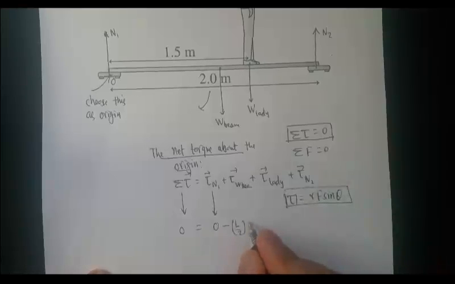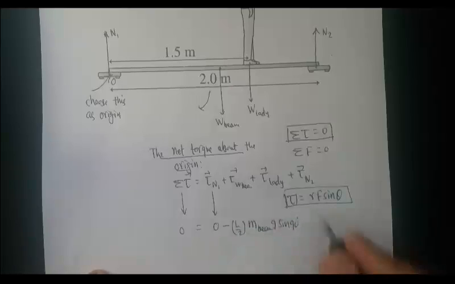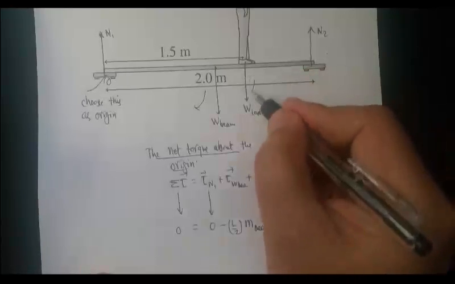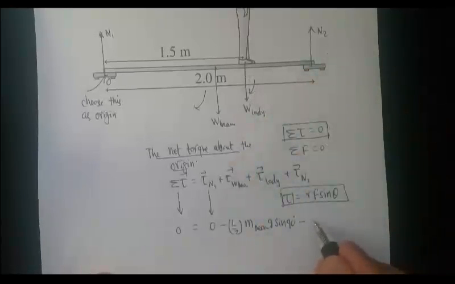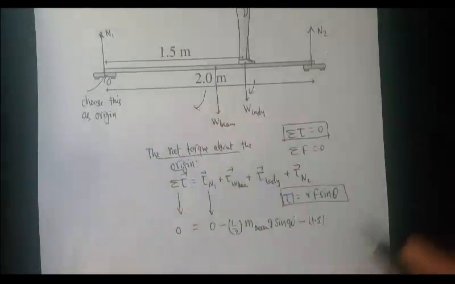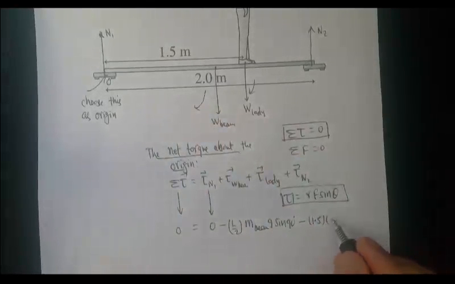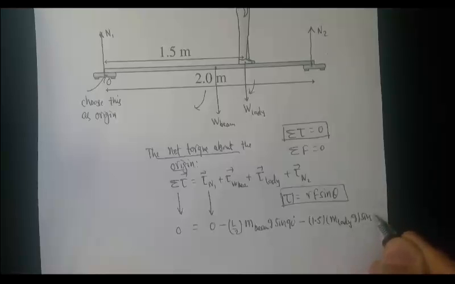Force is the weight of the beam, which is mass of the beam times gravity, and it makes a 90-degree angle. The lady is also producing clockwise torque, so negative torque, and the lady is at 1.5 meter distance, which is given. F is the weight of the lady, mass of the lady times gravity, and sine of 90 degrees.